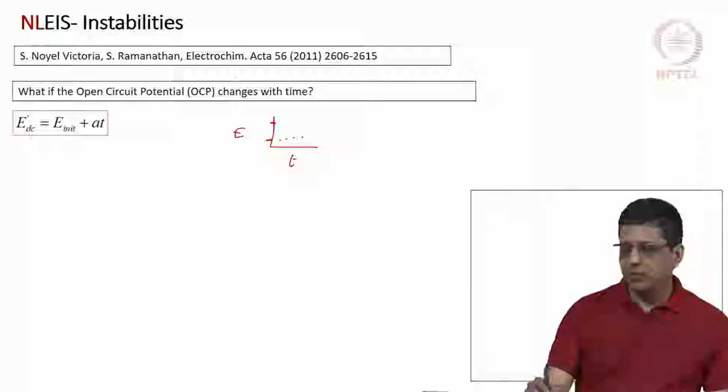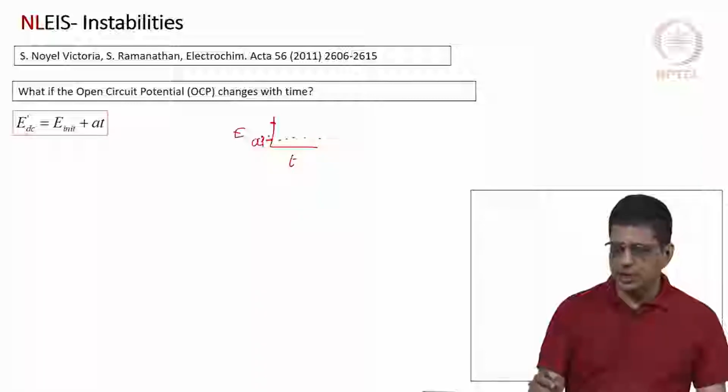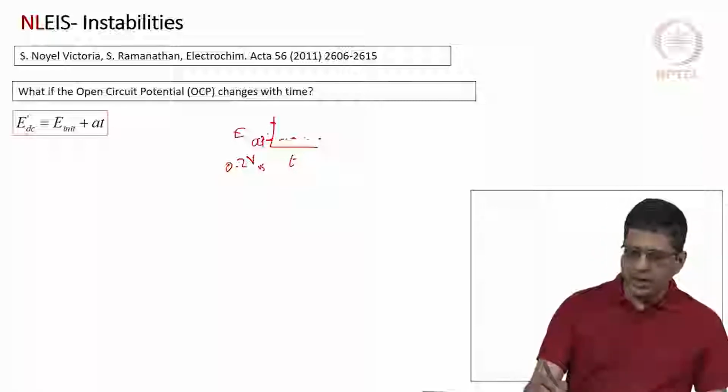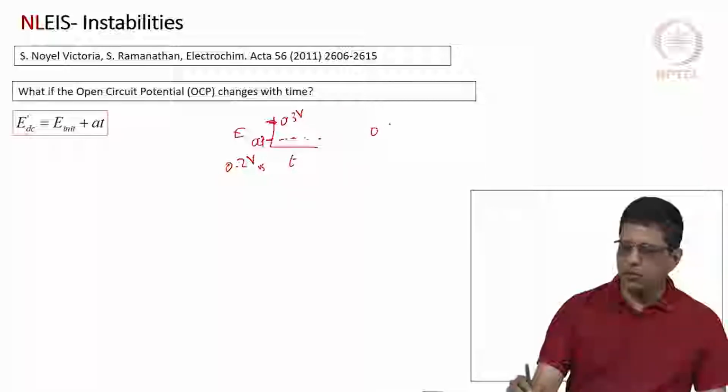If open circuit potential were independent of time, it will be a constant, and this may be for example 0.2 volts versus our reference electrode AgCl or any other reference electrode, and then we are at the potential which is 0.3 volt above the open circuit potential, which means it is 0.5 volts versus our reference.